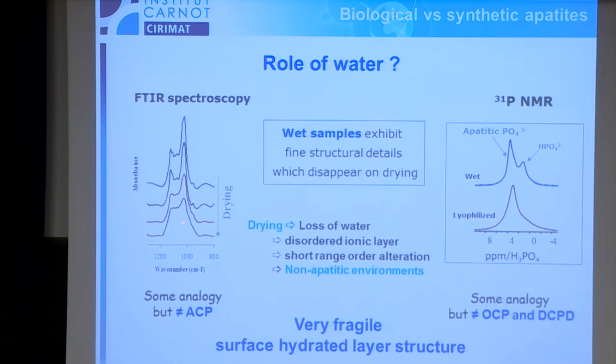After drying, we have a spectrum that presents some analogy with amorphous calcium phosphate, but for sure it's different. Here is a 31 phosphorus NMR study showing nanocrystalline apatite in the wet state, and here the same analysis on a lyophilized apatite, so dried apatite.